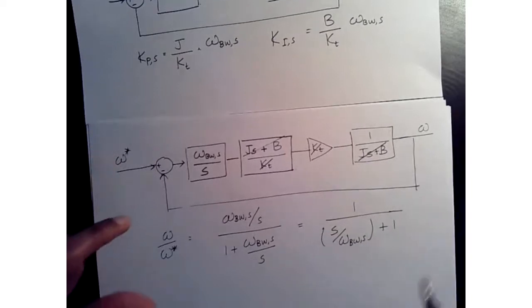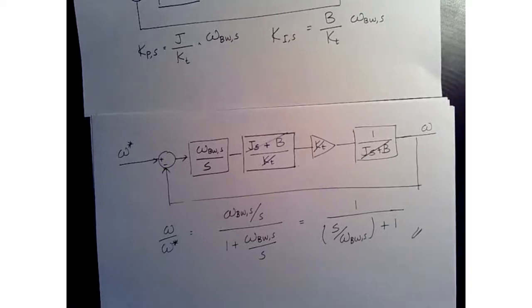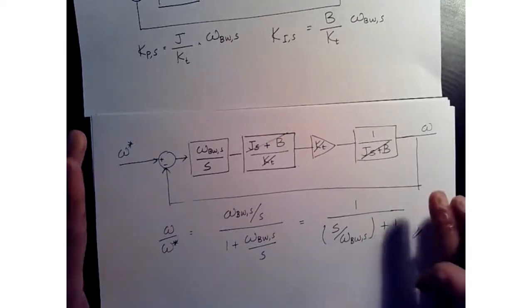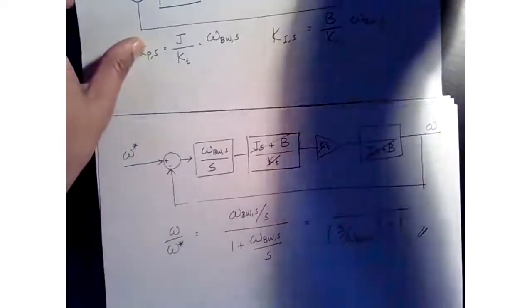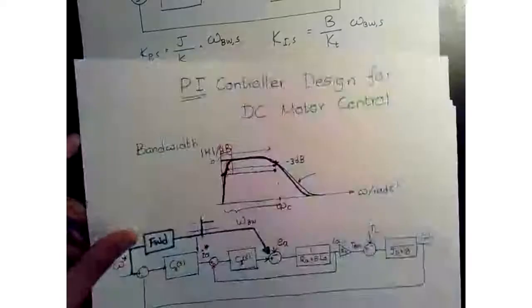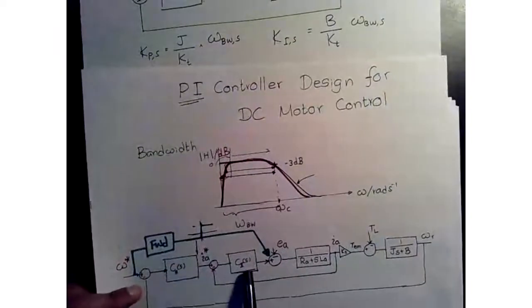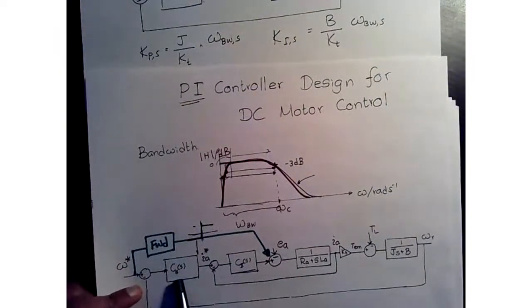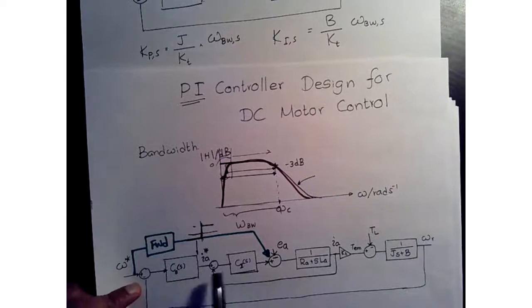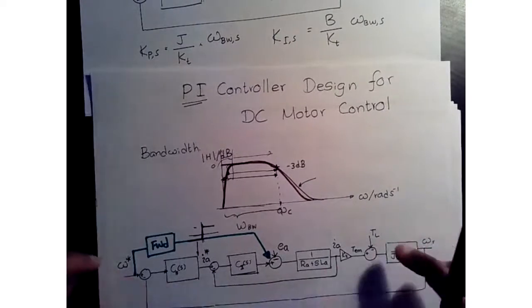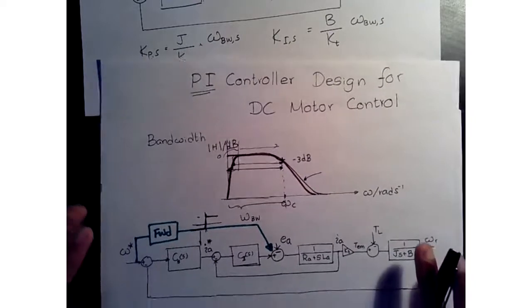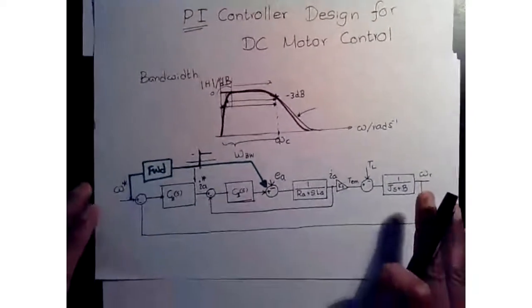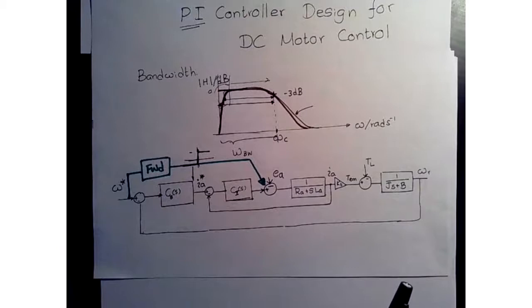Right? Very nicely, we have another first order response. Now we can take these and cascade in our original system. So now we designed our KPI, the current controller. We designed our speed controller. Now you can cascade them together in this final complete system, and you can apply step responses. You can see how your system responds.